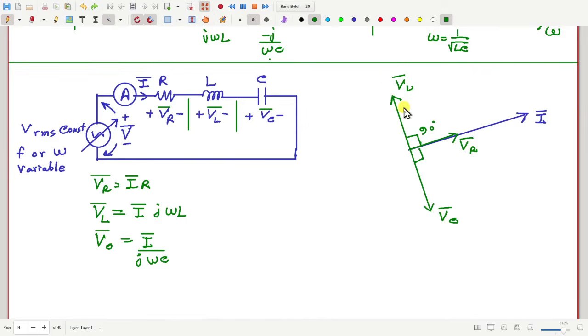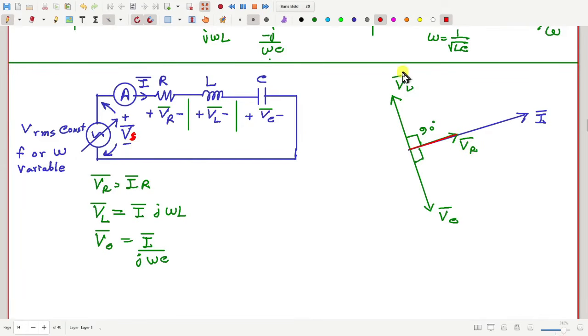So it may happen that at a particular frequency value, VL and VC will be exactly equal and opposite to each other. Then the resultant voltage will be how much? Then the resultant voltage will be just equal to VR. So if this is, let me call it Vs, then Vs will be equal to VR.